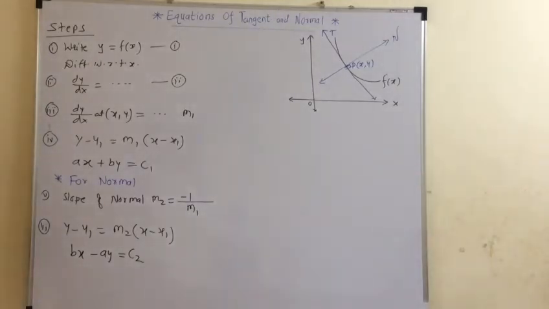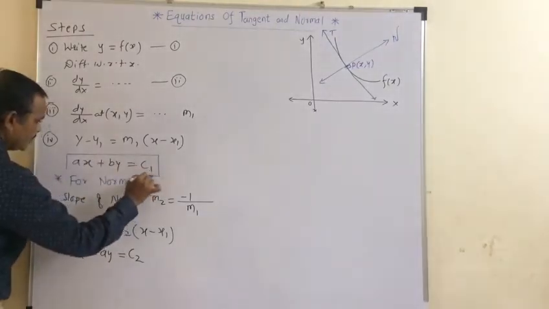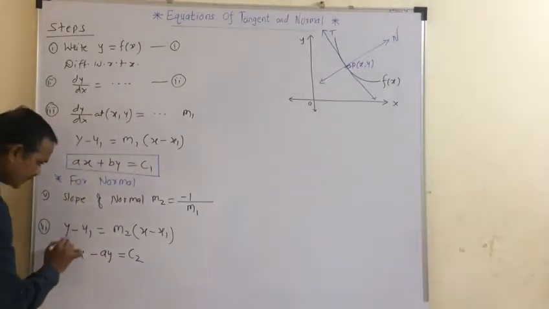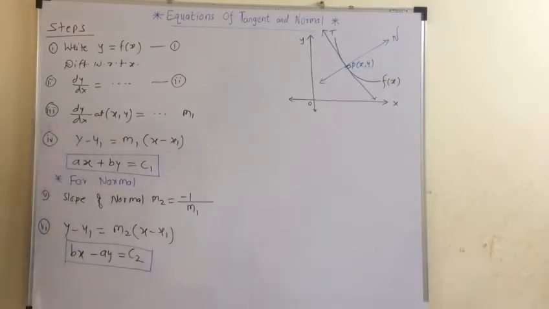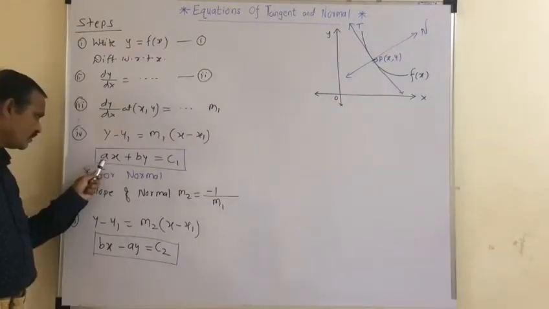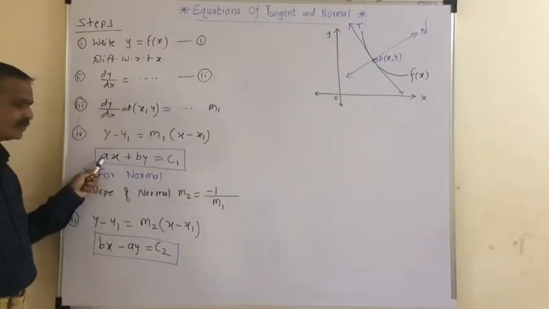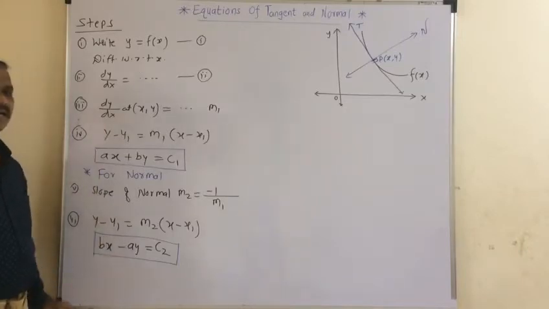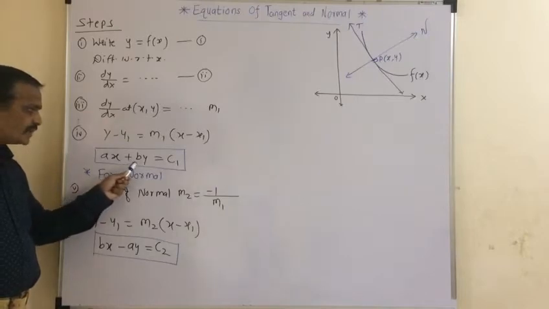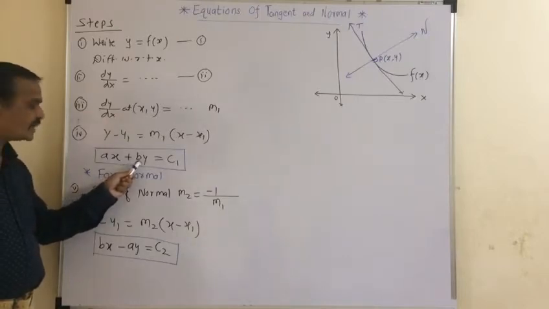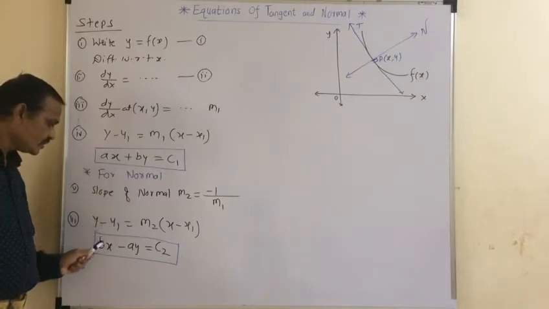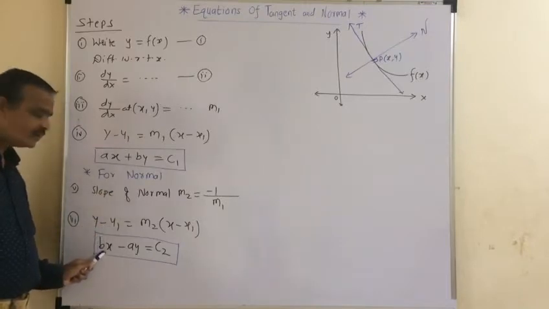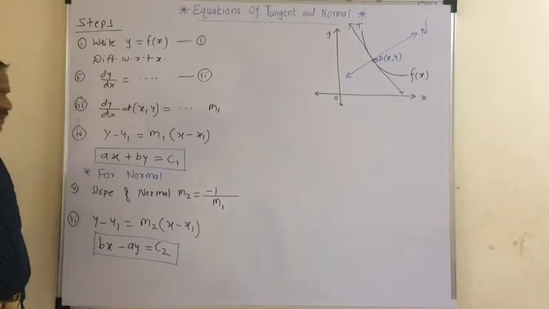Now clearly see, this is equation of tangent and this is equation of normal. Verifying this, coefficient of x is a, which is transferred to the coefficient of y, and in equation of tangent, coefficient of y is transferred to the coefficient of x in normal equation.